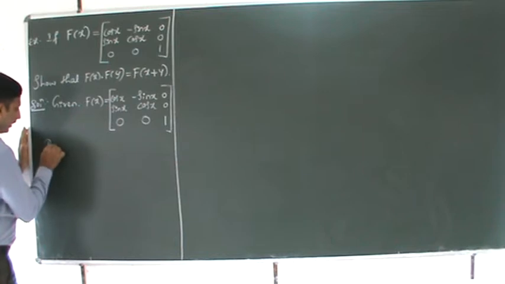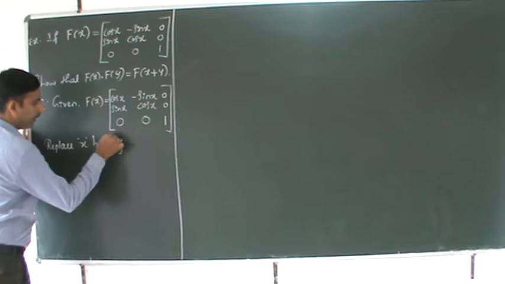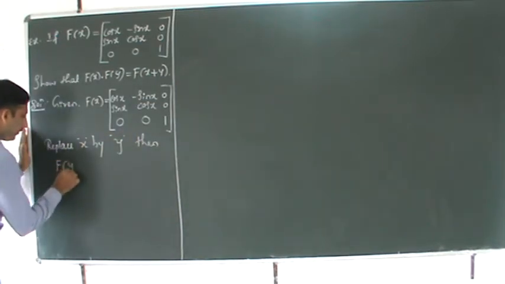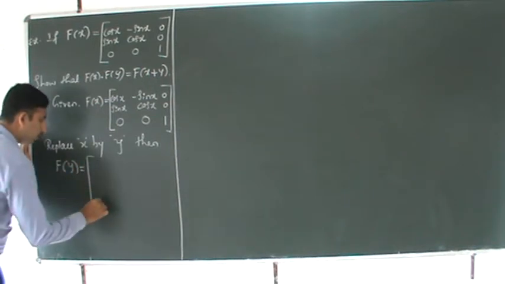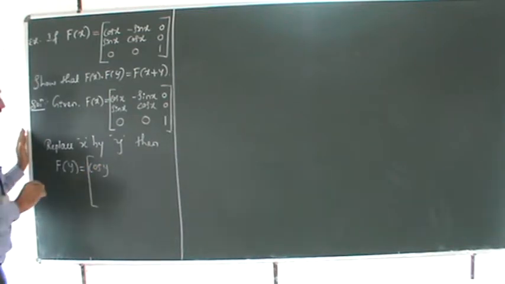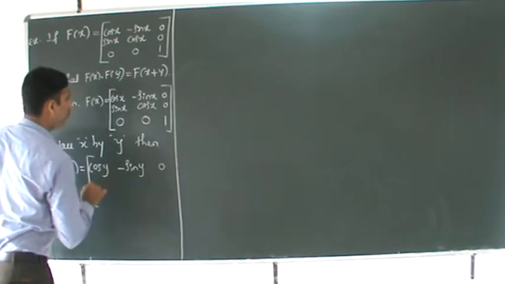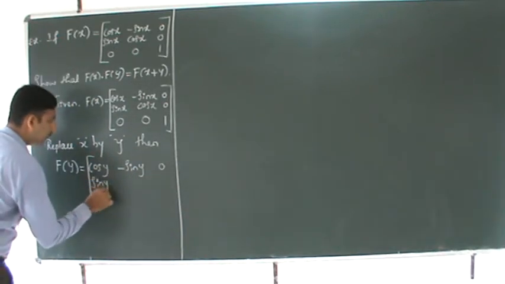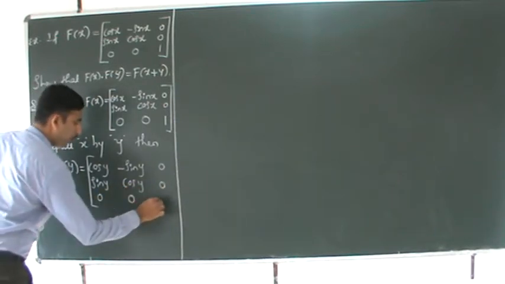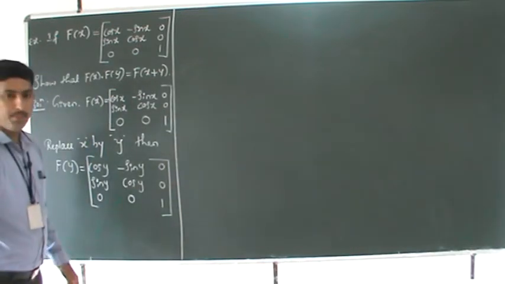Now replace x by y, then f of y is equal to cos y minus sin y 0, sin y cos y 0, 0 0 1. This is our f of y.